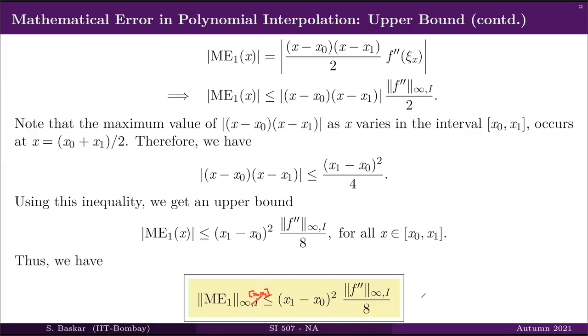In particular, we can take x0 equal to A and x1 equal to B, because the choice of nodes is in our hands. Therefore, if we choose our nodes like this, we can achieve this estimate on the entire interval AB.